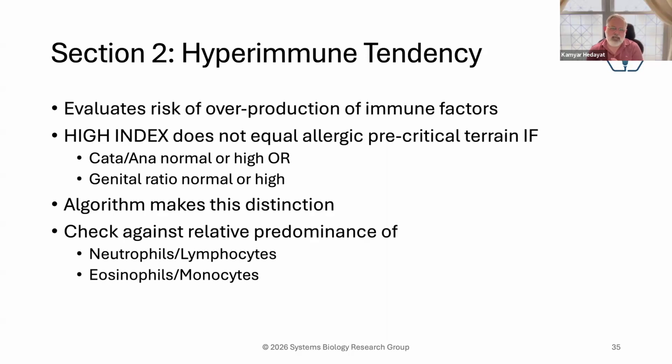Even if you don't have a true hyperimmune precritical terrain, as long as the index is high, the panel is still going to tell you that you have a relative predominance of neutrophils versus lymphocytes or eosinophils versus monocytes, and it's still going to recommend various treatments if you want to use them to regulate immunity anyway.